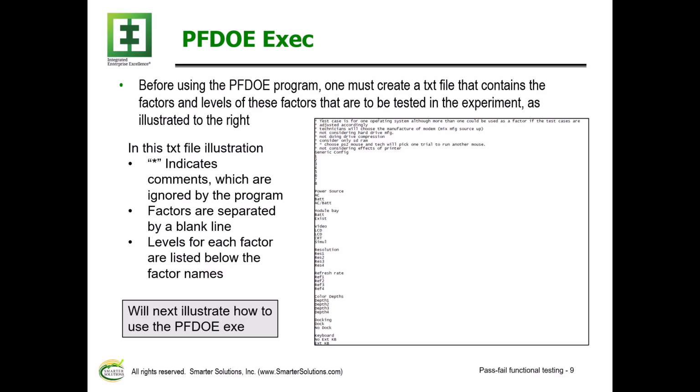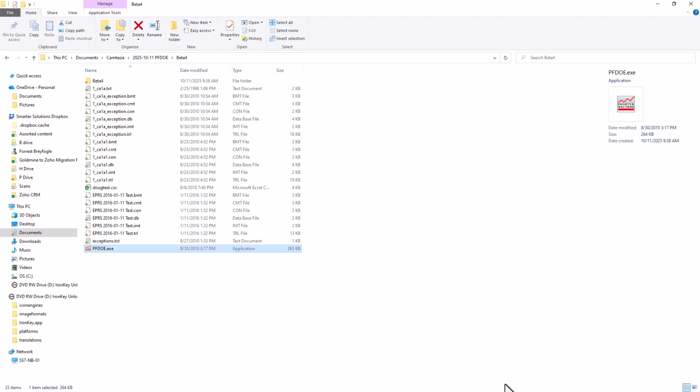Next, I'll illustrate how to use PFDOE. This particular directory contains the PFDOE exec and also some other text files, the output of this PFDOE exec. So I'm going to click on this, and next I'll go up to File, and then Open.